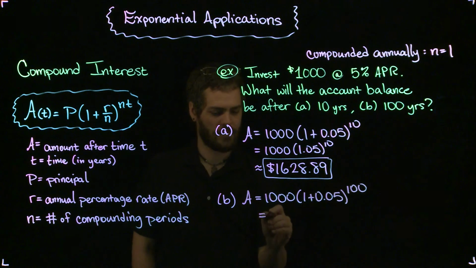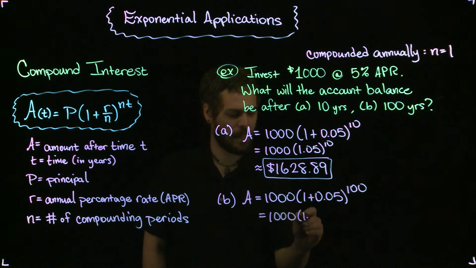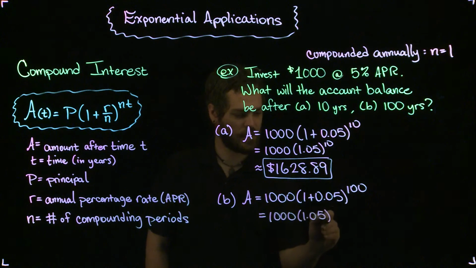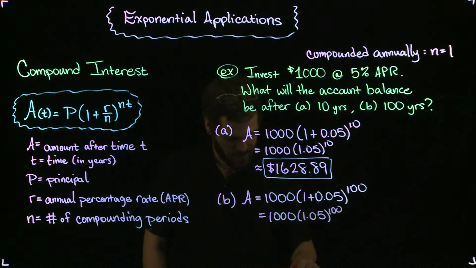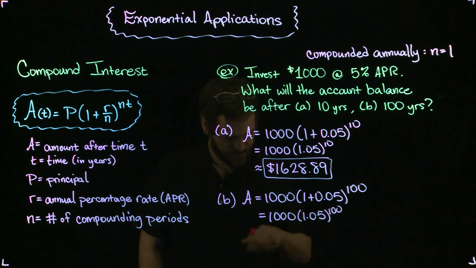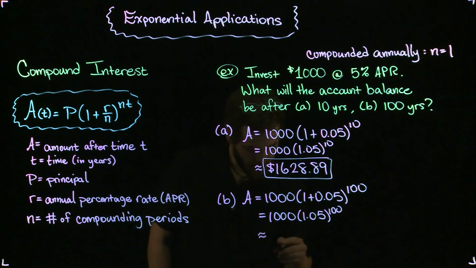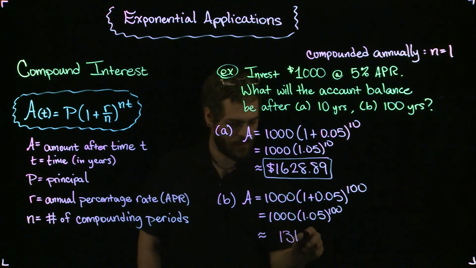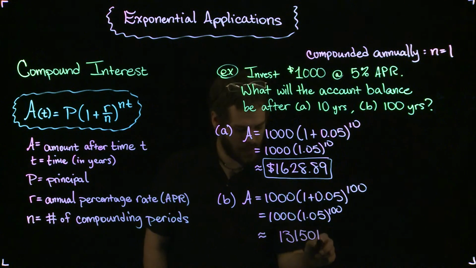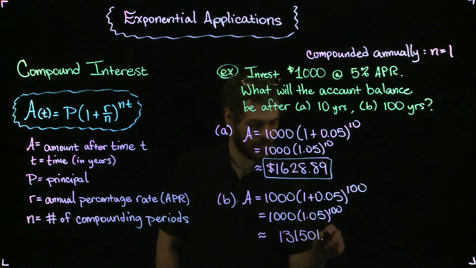Boy, that's interesting. I guess you're leaving that for your relatives then, huh? 1.05 to the 100th power. I'm going to go ahead and pop that in the old machine. And I get about 131,501.26, rounded to the nearest cent.